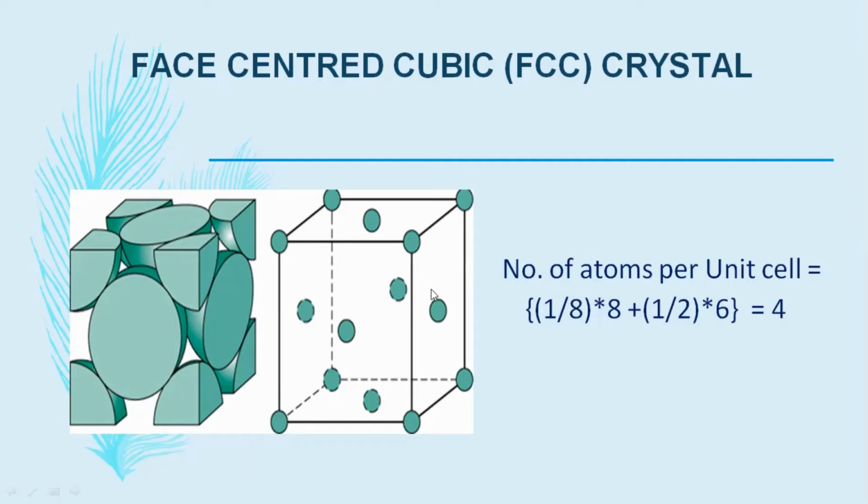So total atom occupancy is 1/8 into 8, so it is 1, plus half atom per each face, so it is 3. So 1 plus 3 is equal to 4. So the number of atoms per unit cell is 4. That is called atom occupancy.